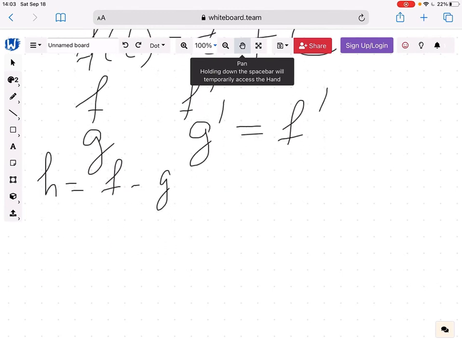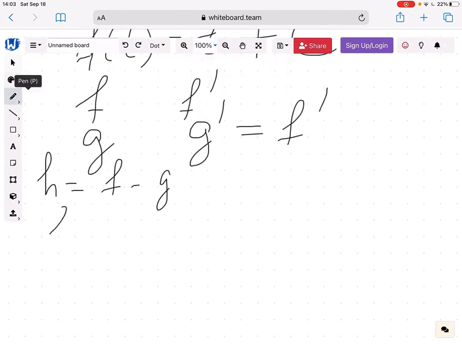All right. So what we'll do, we just calculate the derivative of h. And if you watched previous videos, you know that h prime equals f prime minus g prime. But f prime equals g prime, so this is 0 everywhere. So now we're looking for a function h whose derivative is 0 everywhere.